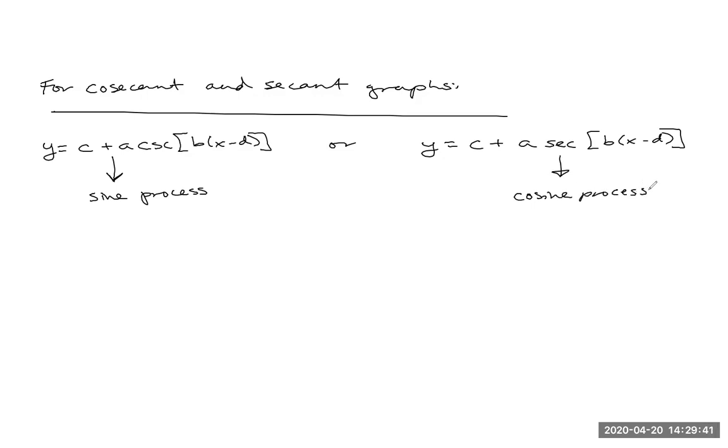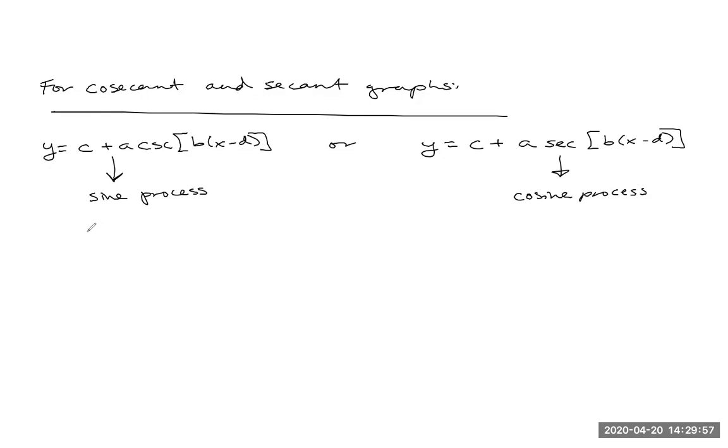Okay, but what we're gonna find is that the graphs are going to be a little bit easier to graph than the tangent and cotangent ones if you just remember some details.